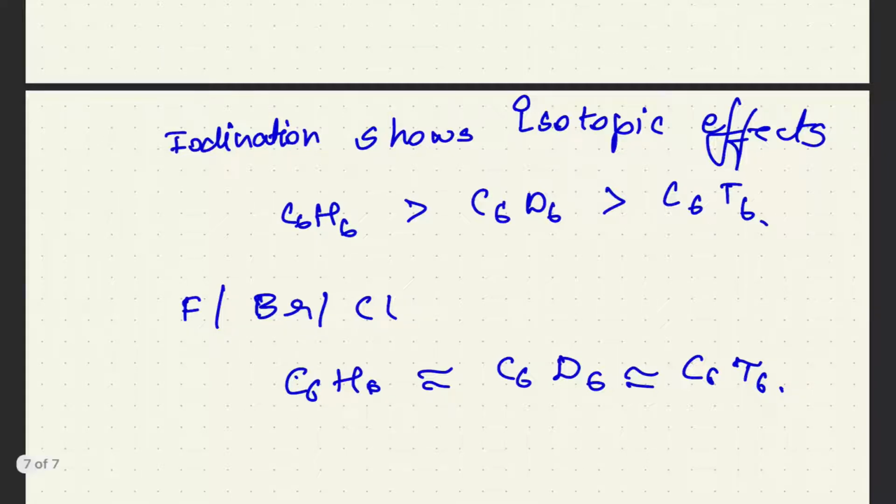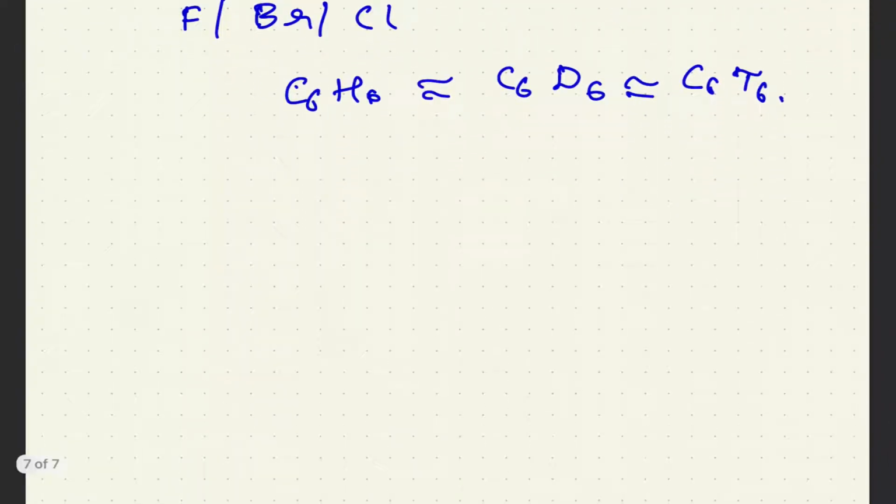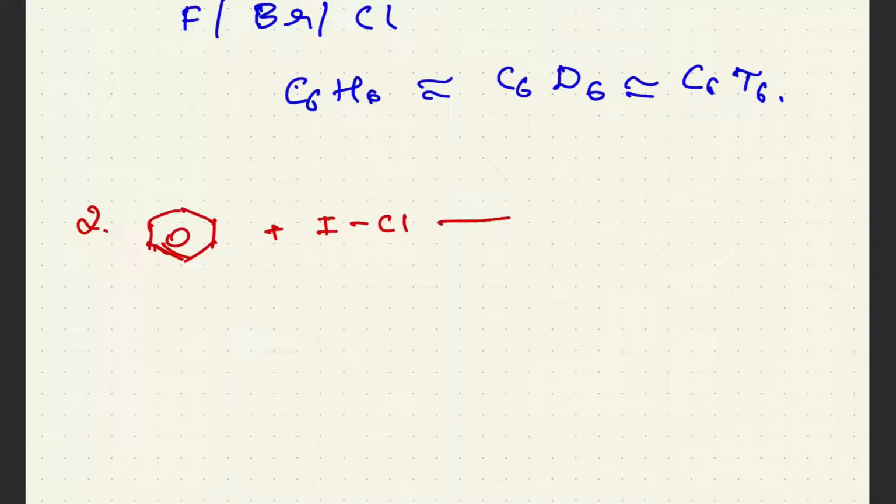One of the important reactions to note over here is, let's say we have benzene and ICl, an interhalogen compound, and we use AlCl3 or ZnCl2.